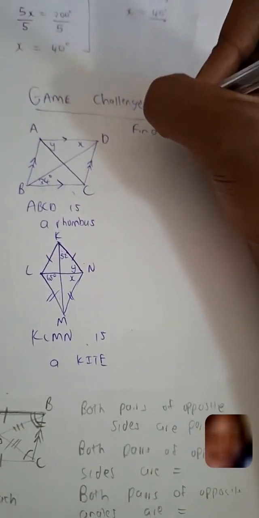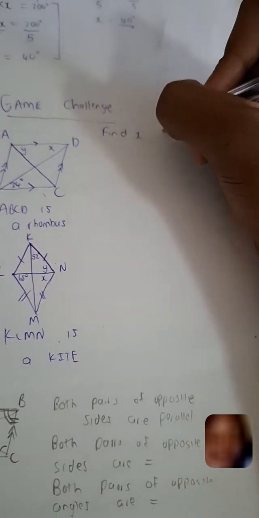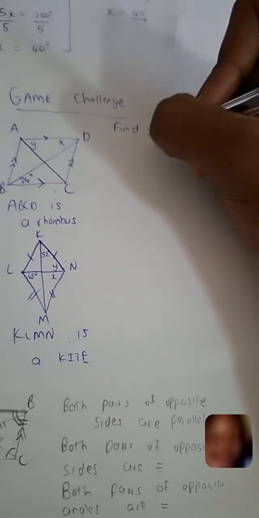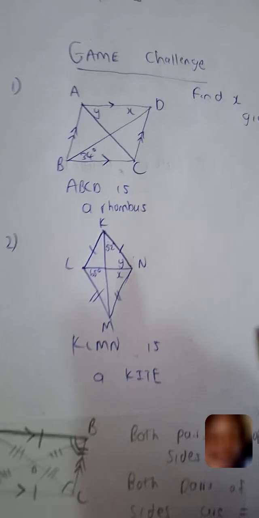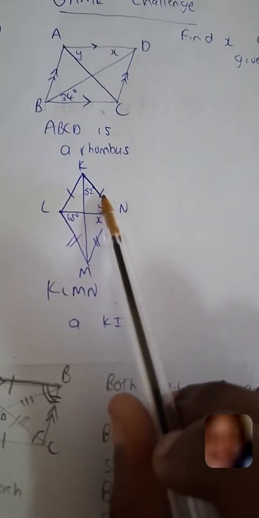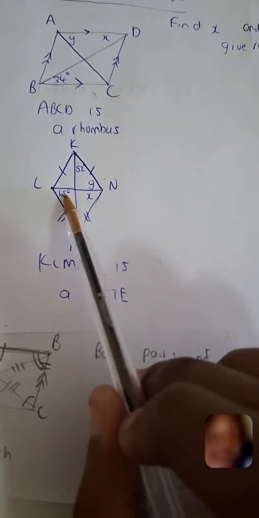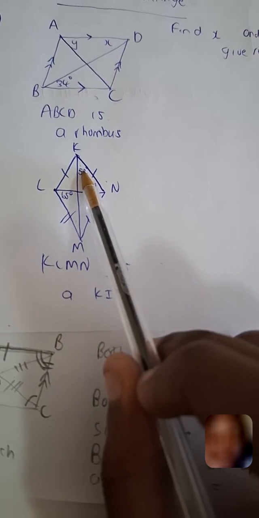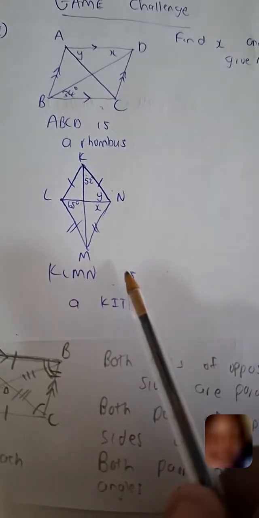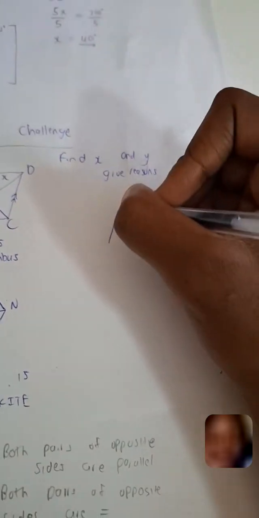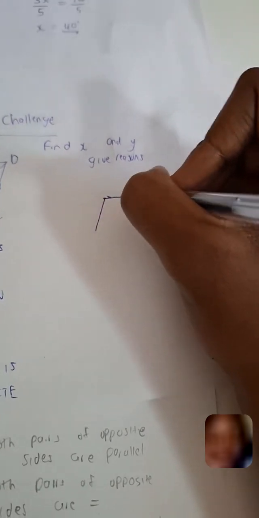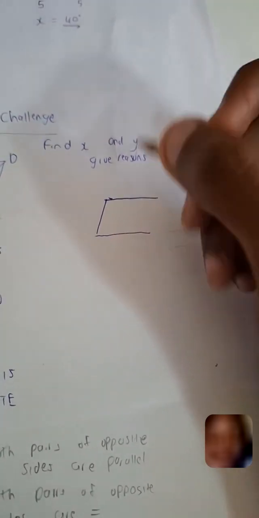So here we want to find x and y, and we need to give reasons. Okay, can you see this diagram? Well, 65 degrees, that's 52 degrees, okay? Good? Yes. Okay, I'm just gonna do another one, and then we'll call that a cap.